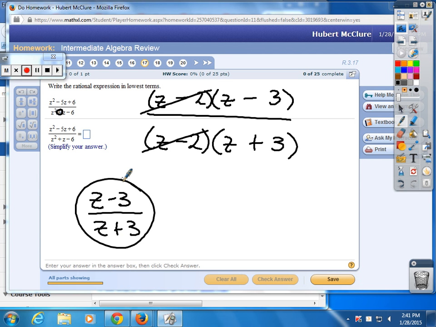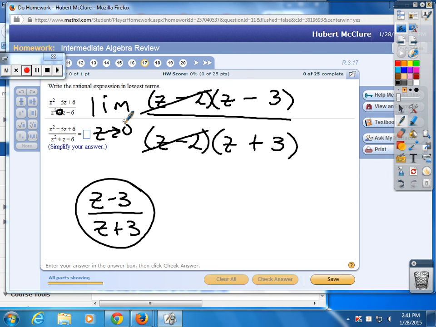And where did I tell you you were going to see this again? What did I tell you last week you were going to see this again? First week of calculus, when you do limits. When you start doing limits, you're going to have limit as z approaches infinity or 0 or whatever the case may be.